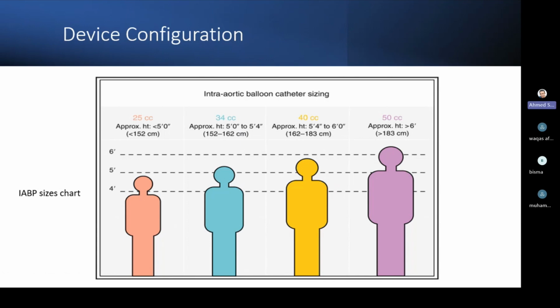The patient was vitally unstable, and there was an alarm that the intra-aortic balloon was going to standby mode because of a catheter alarm. I don't remember the alarm. So we changed the intra-aortic balloon and put in the 40cc catheter, and after that the patient became more stable, and the augmentation was much better.